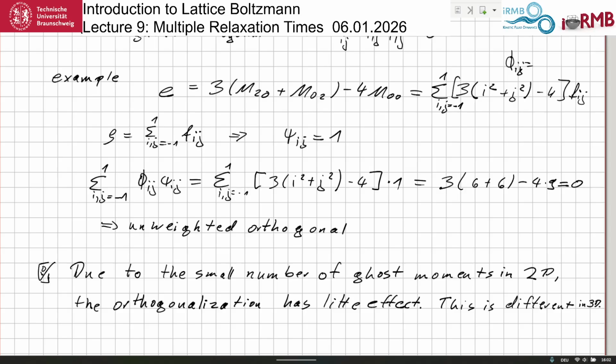But okay, what's the problem with this? Now you see, for example, this example in 2D. You see good results with unweighted orthogonality, and then you conclude that you did the right thing. And you also conclude that taking up one more dimension is straightforward.